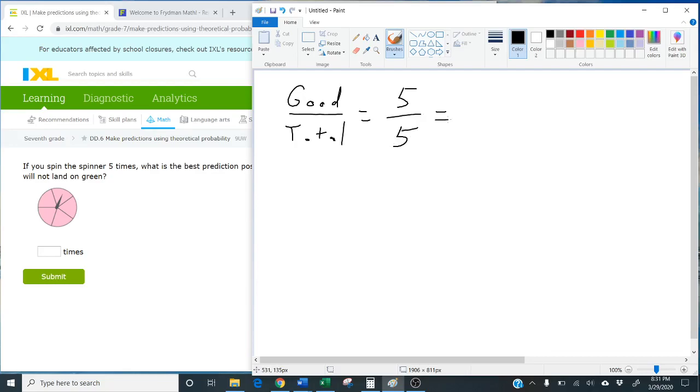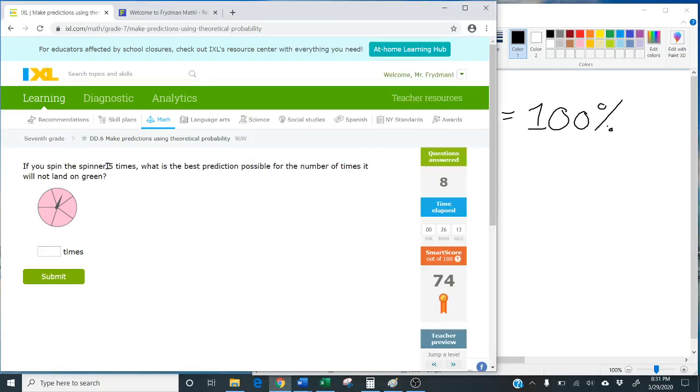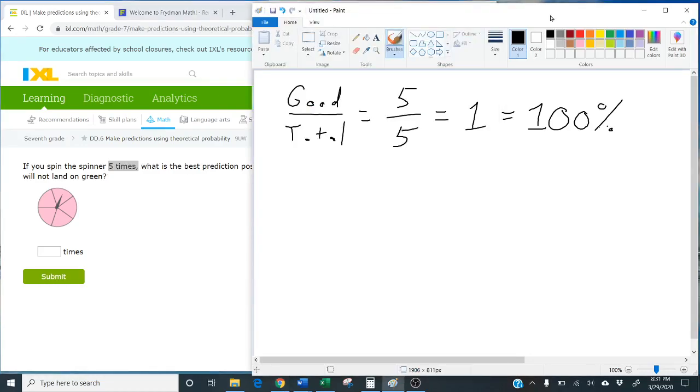So again, if I spin this spinner, I have 100% chance of landing on a section which is not green because all of them are not green. So again, I can't lose. If I spin the spinner 5 times, how many times do I think I'm going to land on something which is not green?